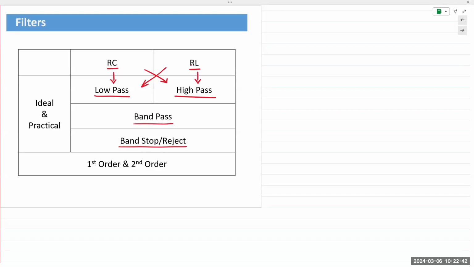So if you build your filter circuit out of only one energy storage component, either a capacitor or an inductor, it is a first order filter. If it's two components, it's second order. If it's three, it's third order, and so on and so forth.